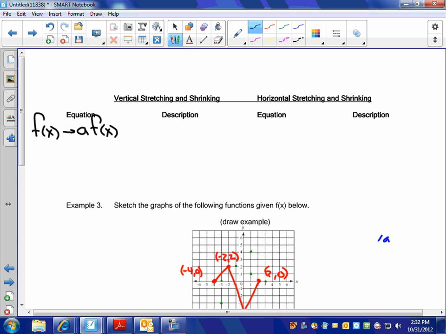If you see a number in front of the function, it will be a vertical stretch, or it will be a vertical shrink. Think about the value of a that you put in front of a function. What would cause it to stretch and what would cause it to shrink?